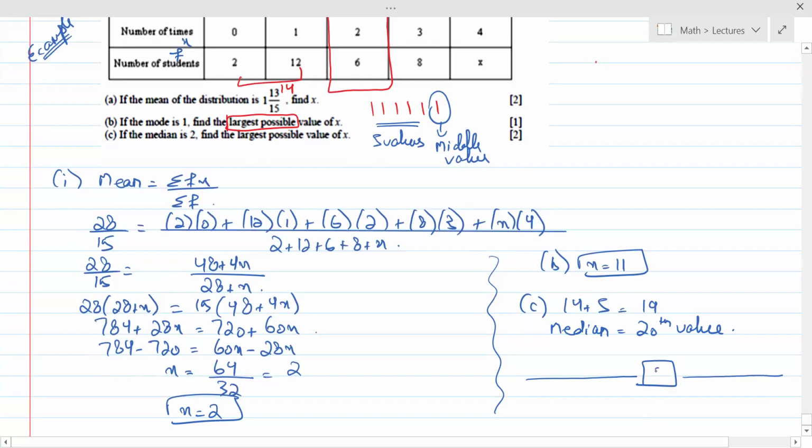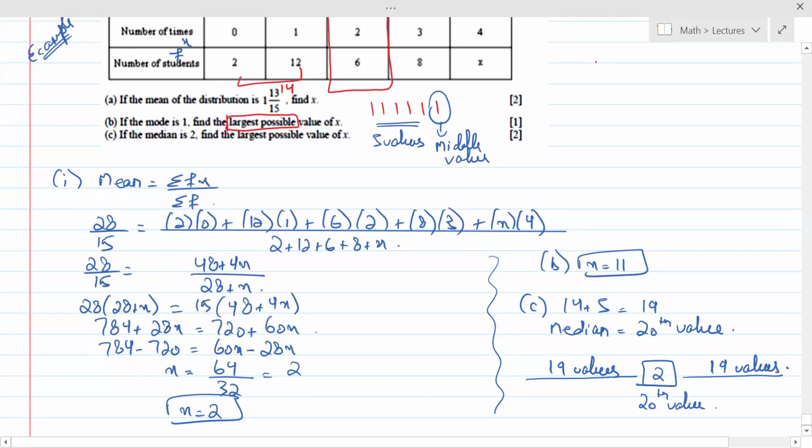This for us is 2, which is the 20th value. If the 20th value is the middle value, then we have 19 values on the left of it. And if there are 19 values on the left, there should be 19 values on the right as well.